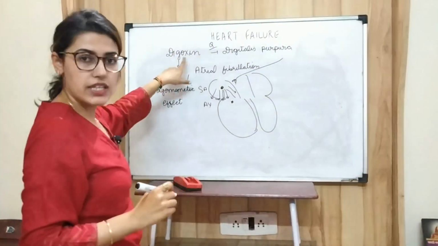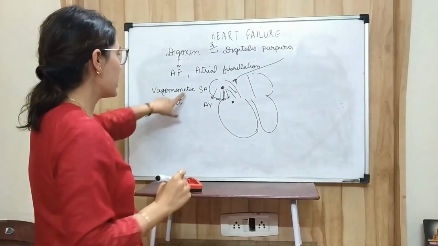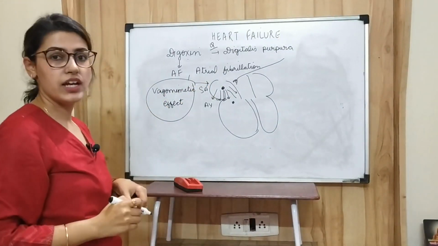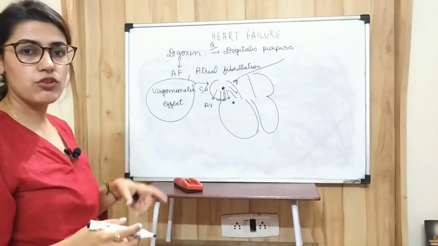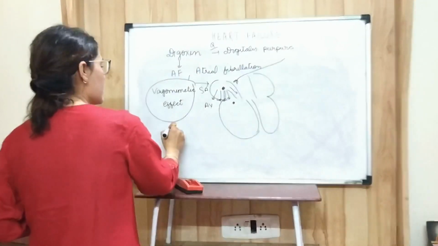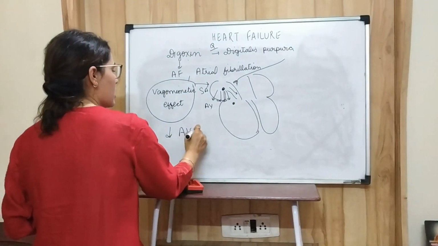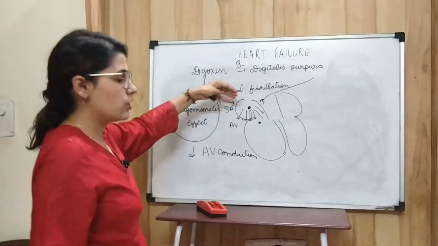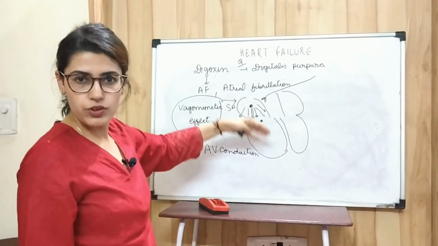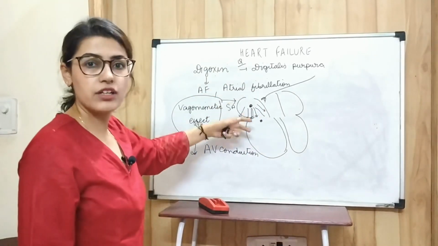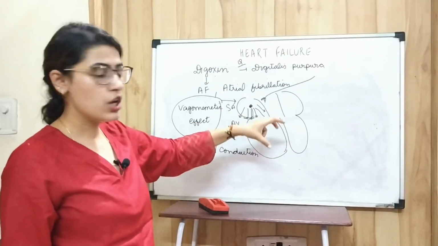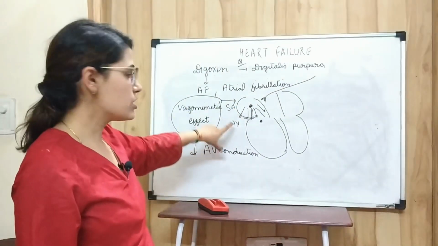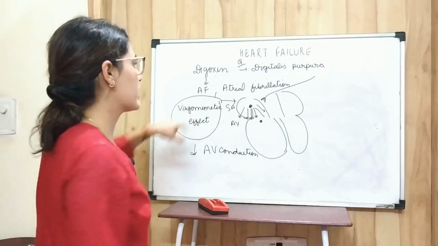When digoxin is given, it increases the vagus effect on the SA node, and thus it inhibits the AV conduction. So the rate transmitted from the SA node to AV node is controlled, the ventricular rate is also controlled and the atrial rate is also controlled. But this use is only in atrial fibrillation.